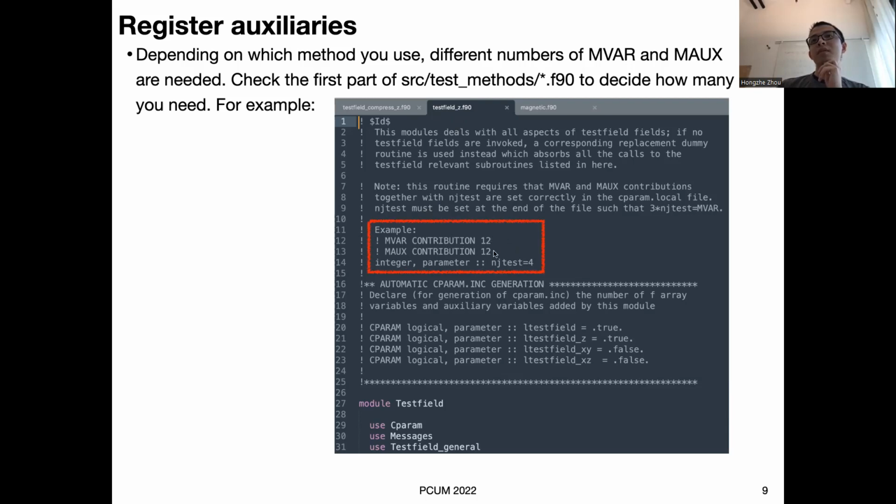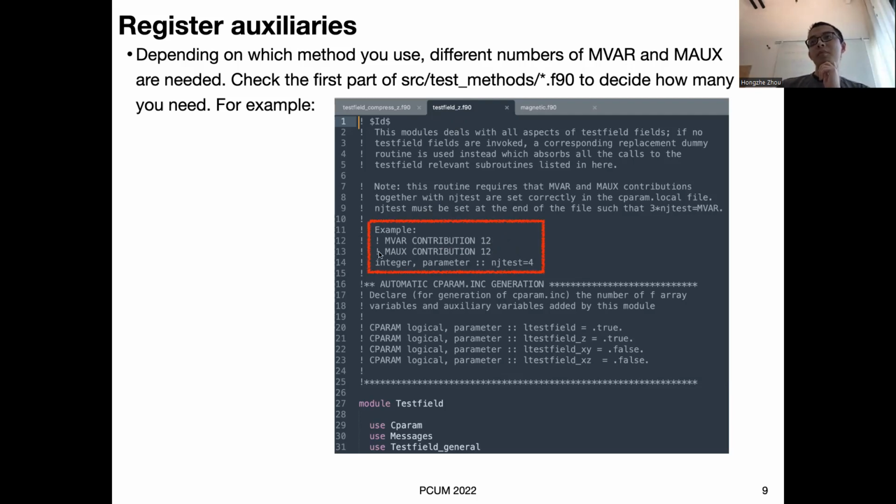You just put those numbers in your cparam.local. So in this case, you will need 12 auxiliaries because you have 4 test fields, and each of them is a vector field. So you have 3 times 4 equals 12 total number of auxiliaries.